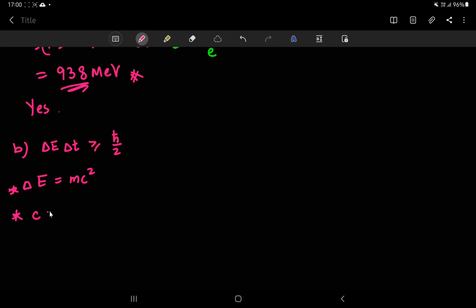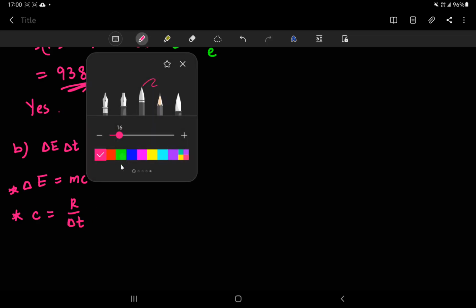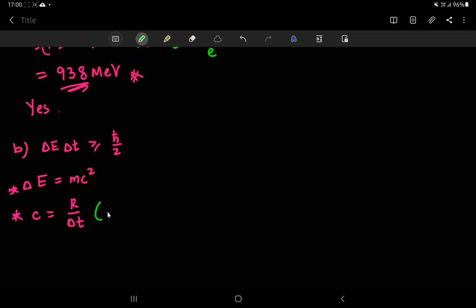We also know that the speed of light is equivalent to the range divided by delta t. This is from the distance formula: velocity equals distance divided by time, but in terms of light, the speed of light is the range divided by the time taken.